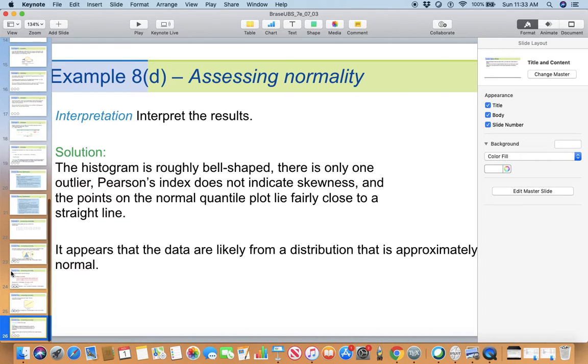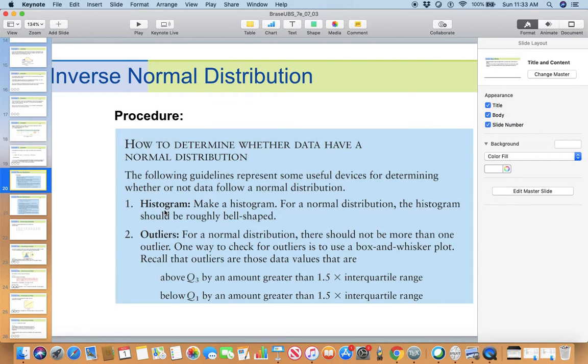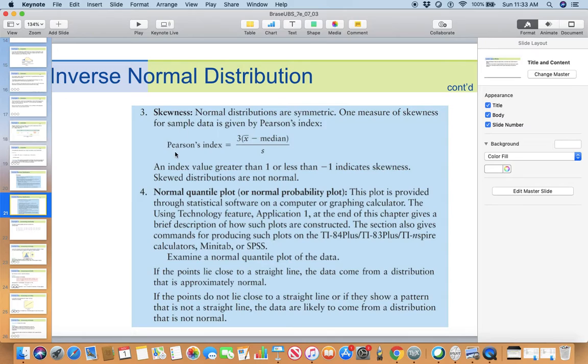All right, so this is one way of detecting. These are the ways of detecting: histograms, look for outliers, look for skewness using Pearson's index, and then computer package software to look for a quantile plot. These are ways to detect normality or otherwise.